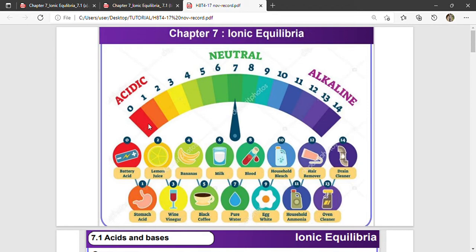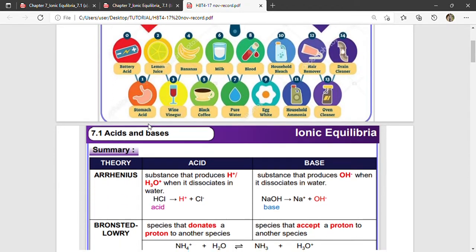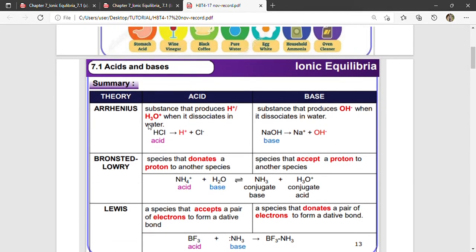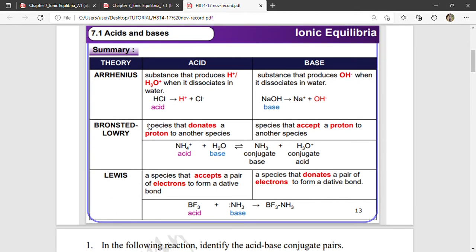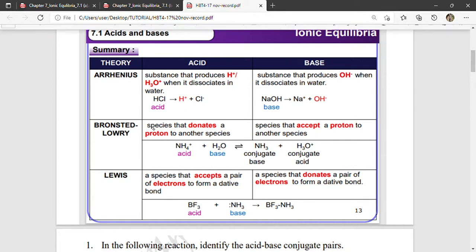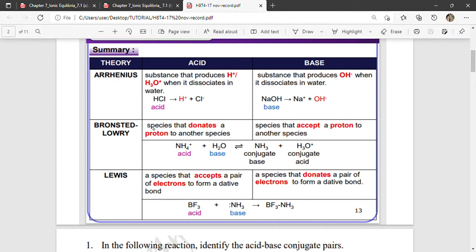that have a different pH. Okay, so firstly about this chapter, you need to know what is the theory of the acid and also the base. Okay, so the first theory is what we call as the Arrhenius theory.